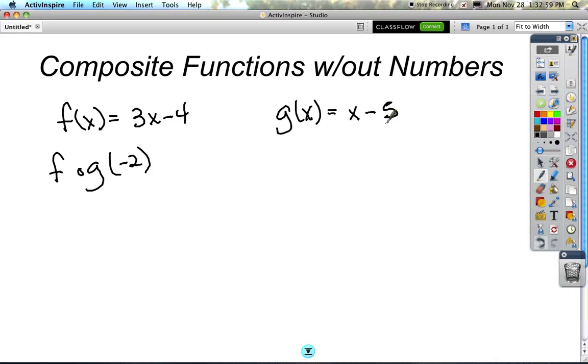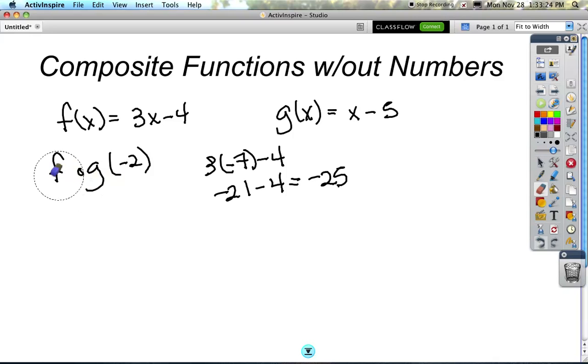So -2 minus 5 would be -7. Now the -7 is going into the f. So 3 times -7 minus 4, -21 minus 4 is -25. That's your quiz tomorrow. Okay?